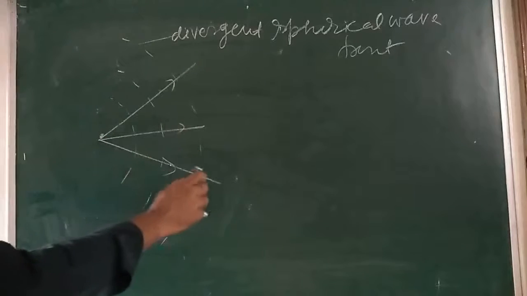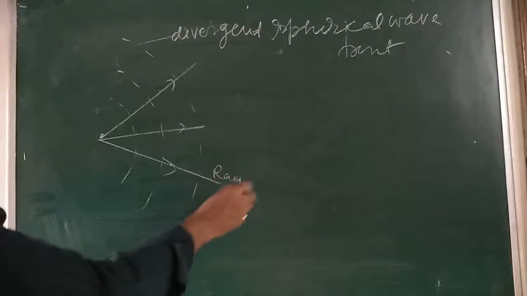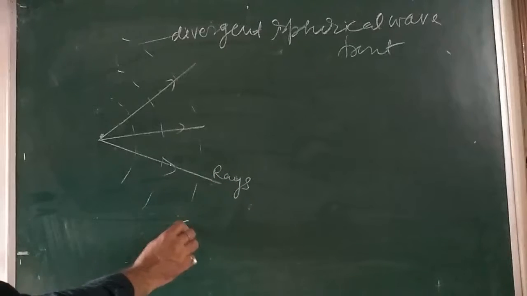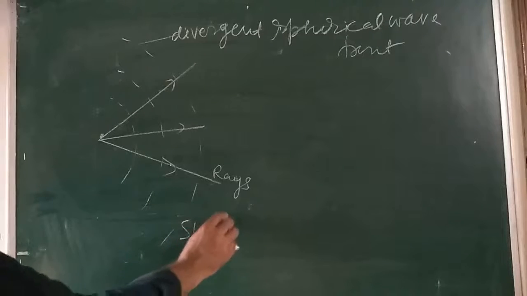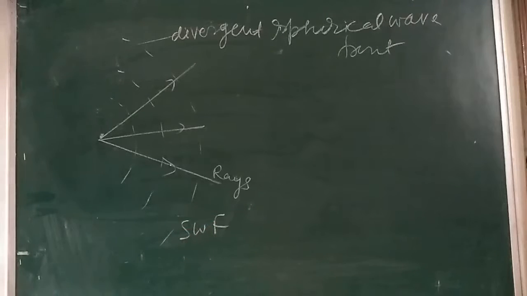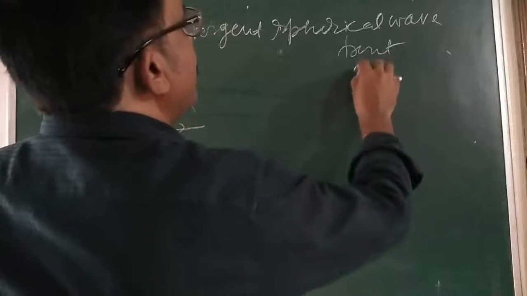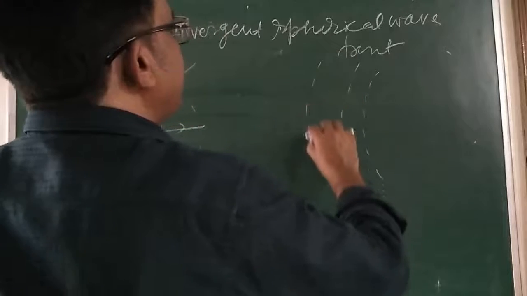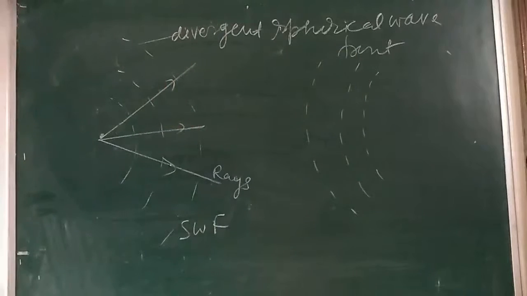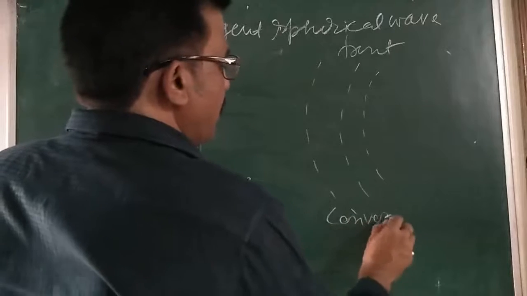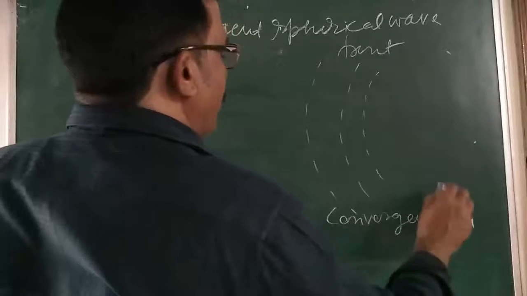These rays are coming out from this type of wavefront. It is a divergent spherical wavefront. Similarly, suppose the wavefronts are something like this. It is a convergent spherical wavefront.